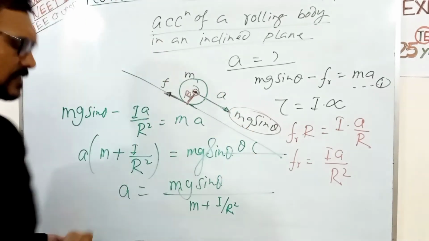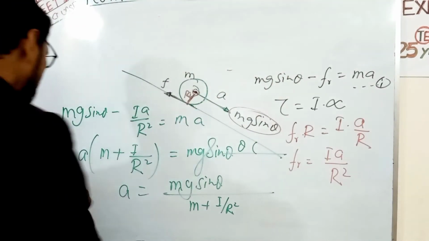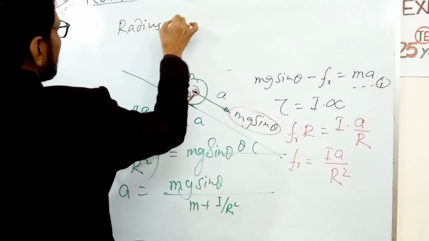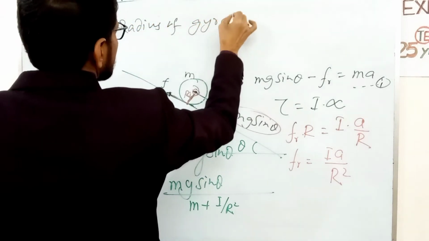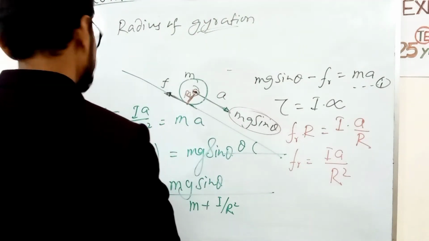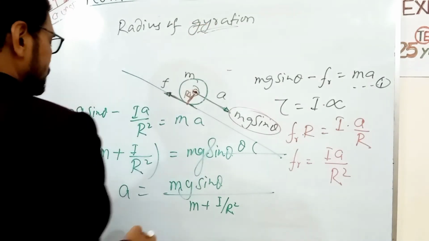Now one important term is the radius of gyration. Radius of gyration equal to what?